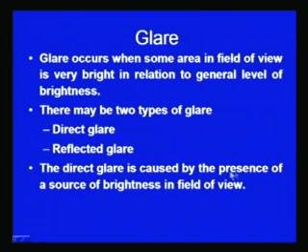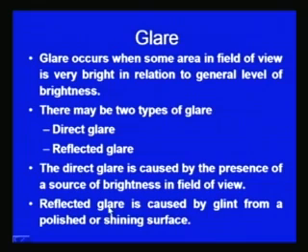Direct glare is caused by the presence of a source of brightness in the field of view, while reflected glare is caused by glint from a polished or shining surface.